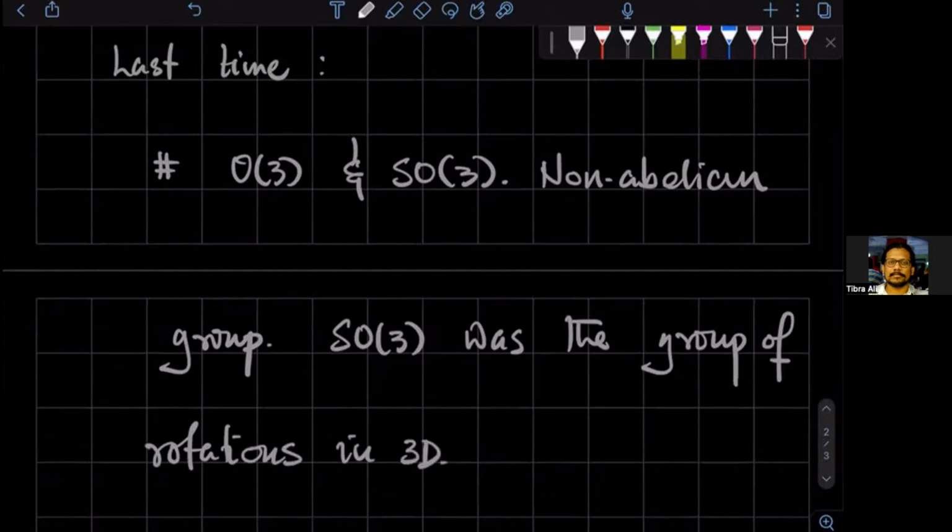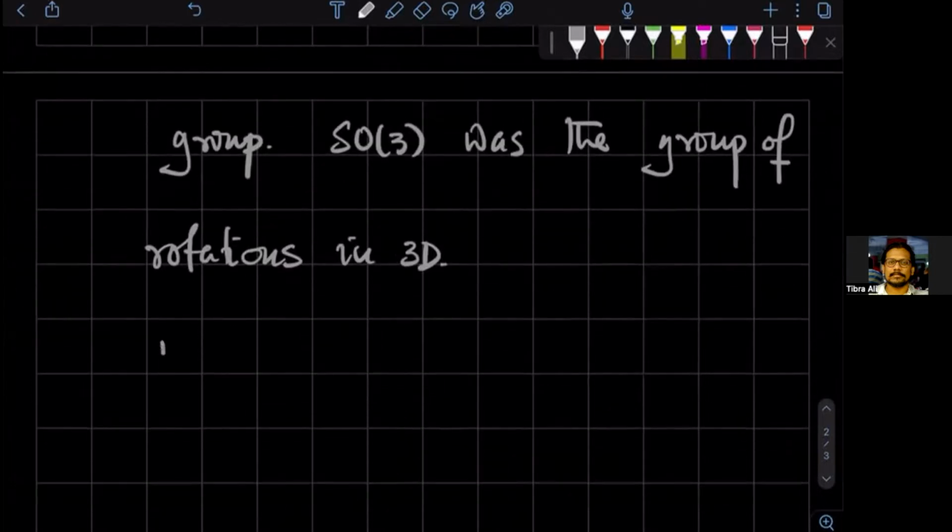Okay. And then we saw that SO3 has SO2 as a subgroup. And there are different ways of embedding SO2. We saw 3 such embeddings, right? The embedding of the SO2 as a subgroup of rotation in the XY plane, another in the YZ plane, another in the ZX plane.